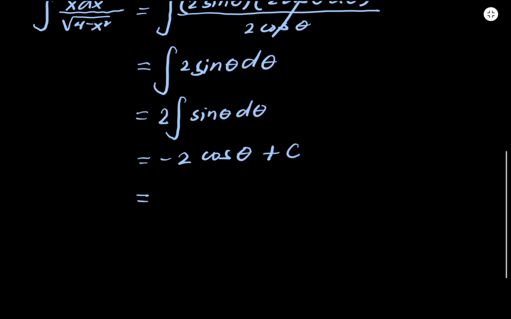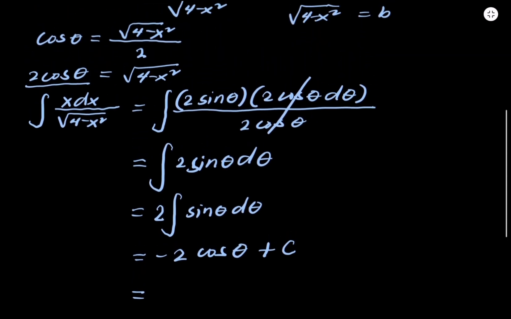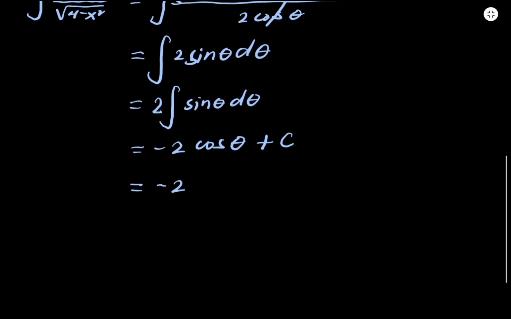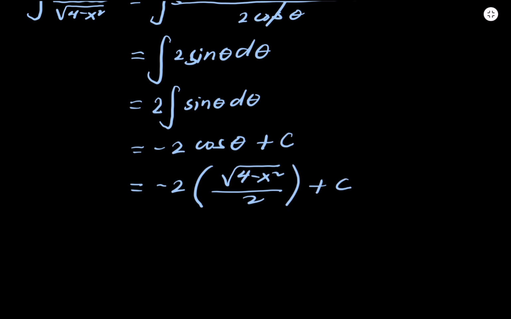Now, what is cosine theta? Cosine theta is the root of 4 minus x squared all over 2. So we have negative 2 multiplied by the square root of 4 minus x squared over 2 plus c. Now, we can cancel 2. So our answer is negative square root of 4 minus x squared plus c. And that is our final answer.